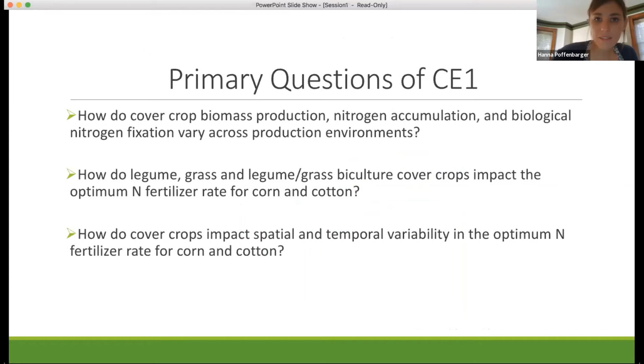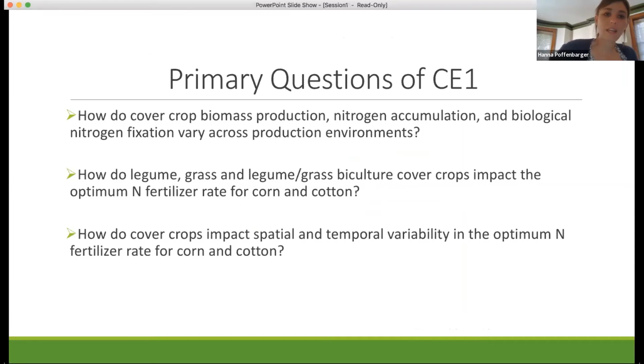Next slide, please. So the primary questions of Common Experiment 1 surround cover crop biomass production, nitrogen uptake, and biological nitrogen fixation, and what environmental factors help to predict those variables.